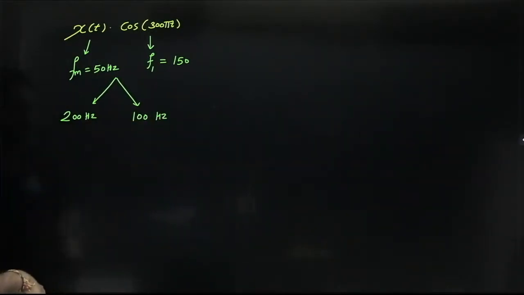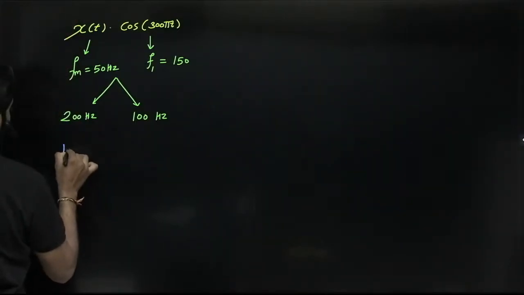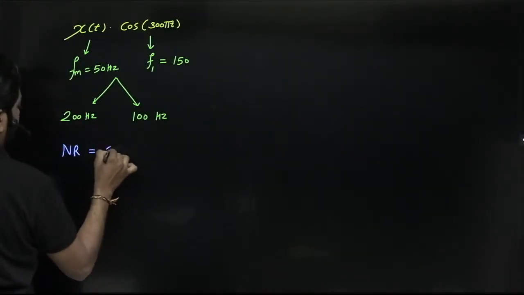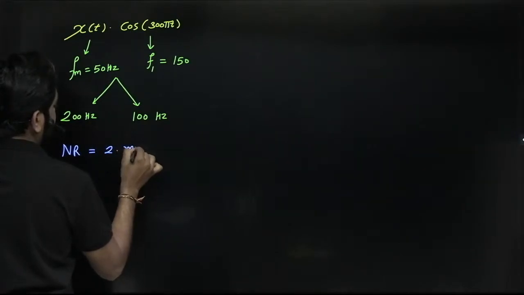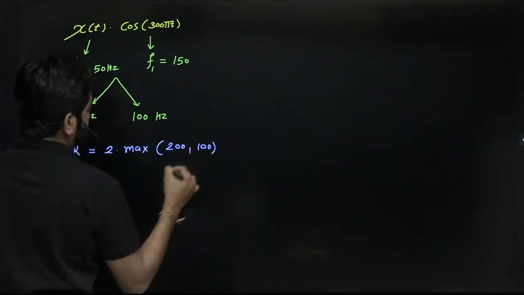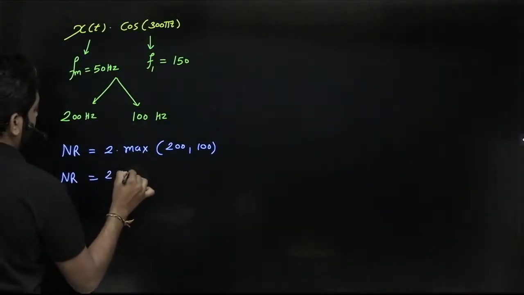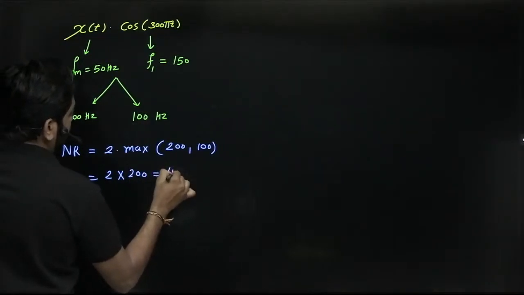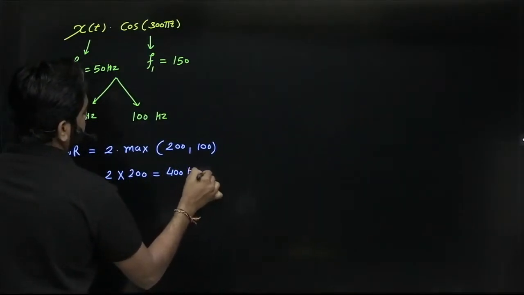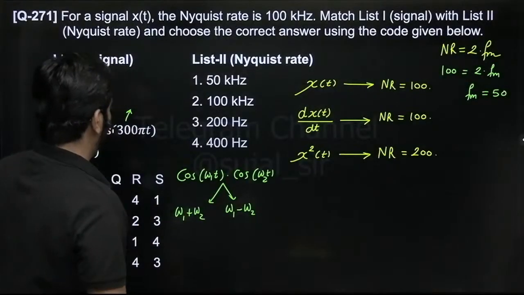So there are now two frequencies after multiplication. For the Nyquist rate, you have to take the maximum frequency. So 2 into the maximum of these two frequencies, 200 and 100, so it will be 400 hertz, guys. It should be 400 hertz.